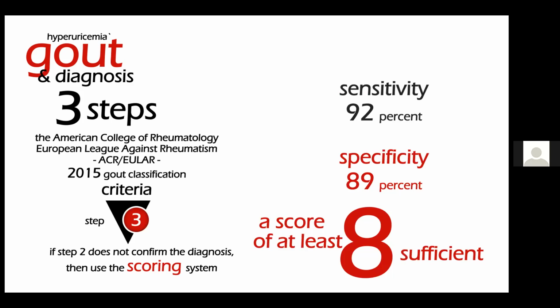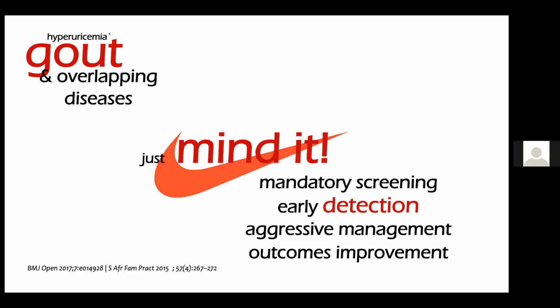So it is quite a useful tool to refer to whenever we want to diagnose a patient with gout, remembering that this is a chronic disease and we need to make a correct call so that we don't put a patient on lifelong treatment while they might not have gout.